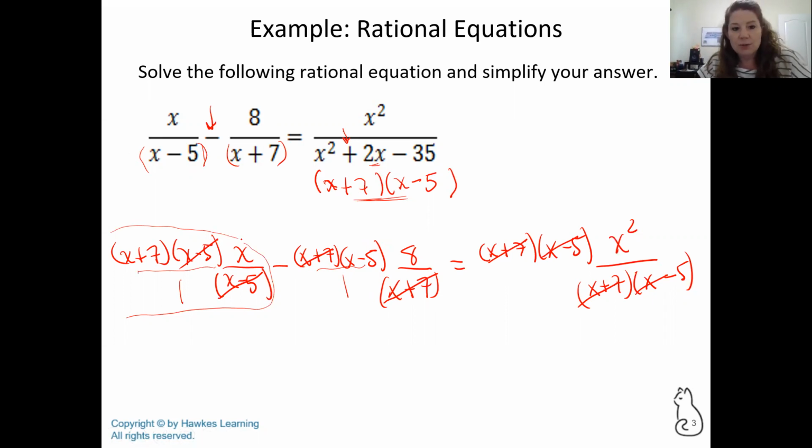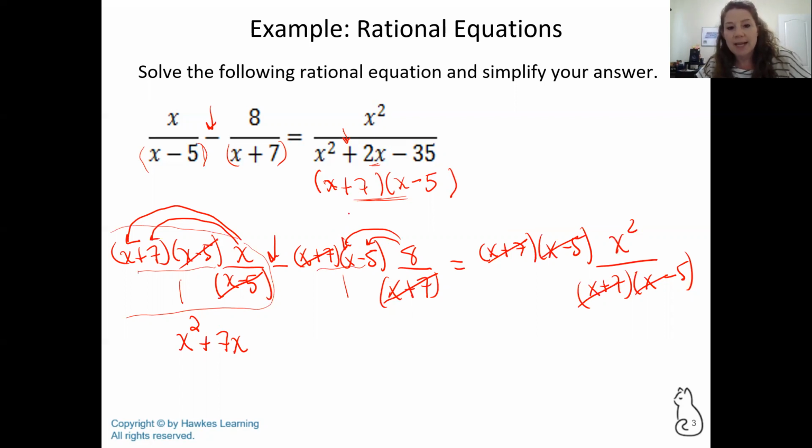So what am I going to bring down? I'm going to use the distributive property. x times x is x squared. x times 7 is 7x. Then I'm going to distribute this right up here, because I see a minus sign, and sometimes we mess up on this particular step.